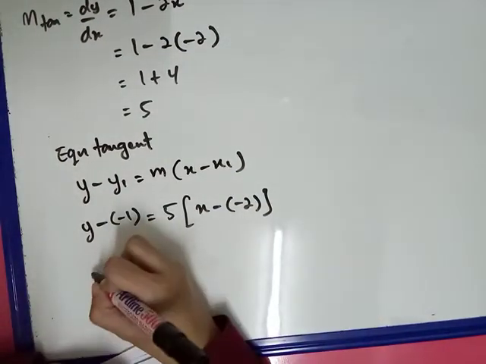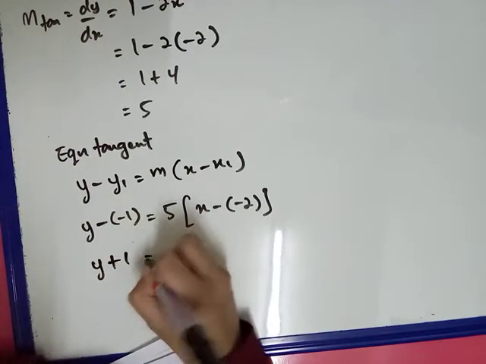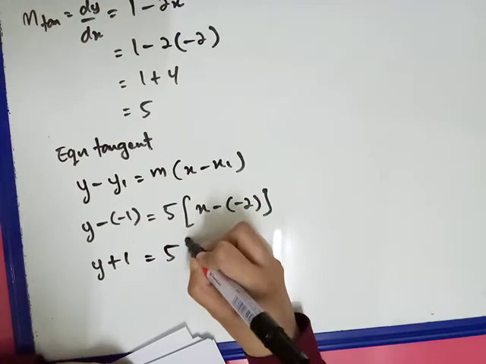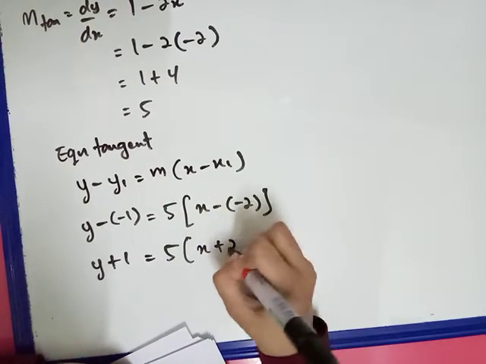Negative should be positive: y plus 1 equals 5 times, and then negative positive, so x plus 2.